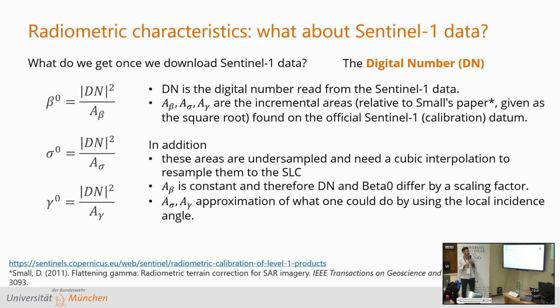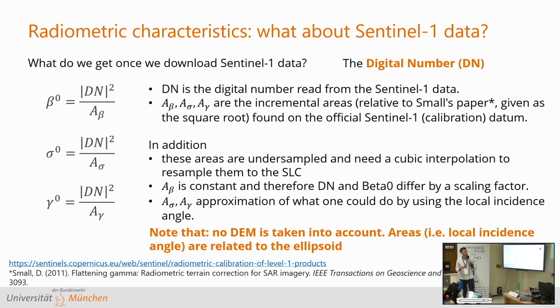Otherwise, you get a beta. This area here doesn't depend on the local incidence angle, doesn't depend on the geometry. The other ones, instead, are obtained through compensation of the local incidence angle. So with the sigma, you get how the target is scattering in the way you were seeing it. The gamma will basically bring you almost 100% independence from your geometry.